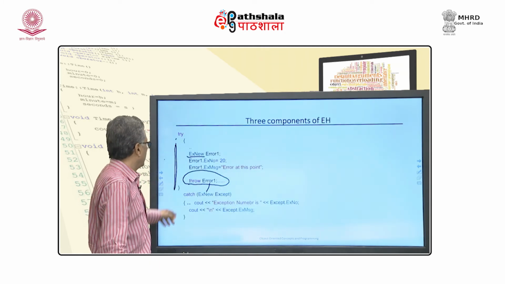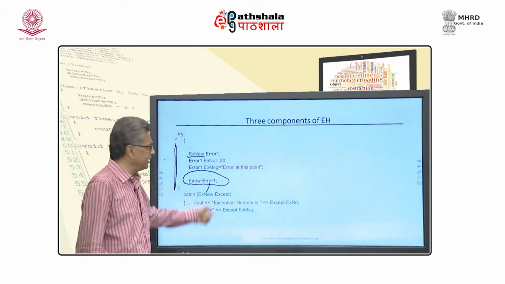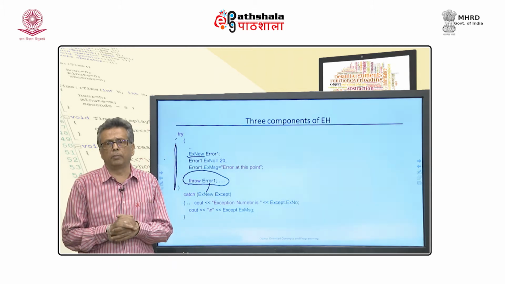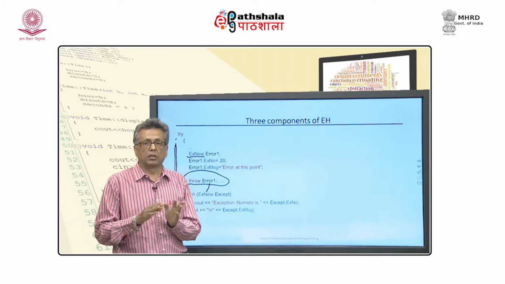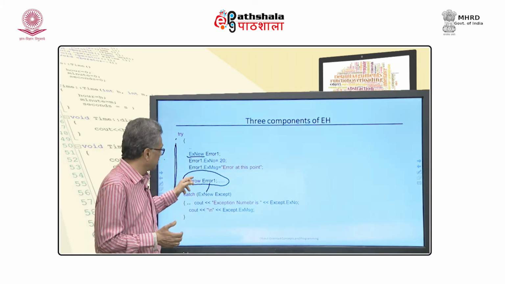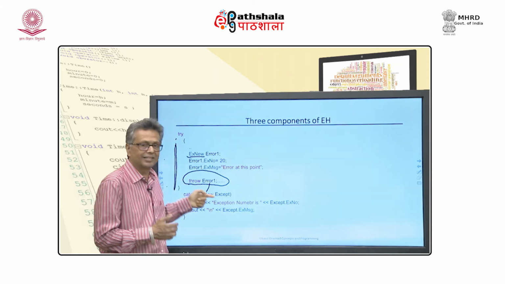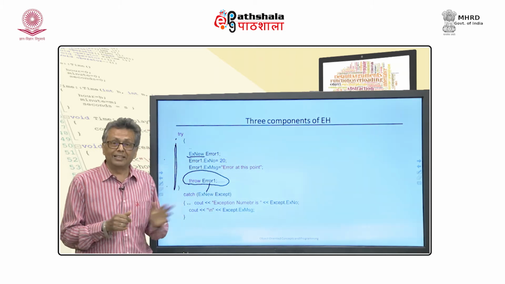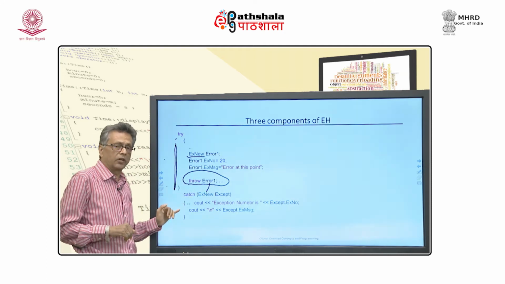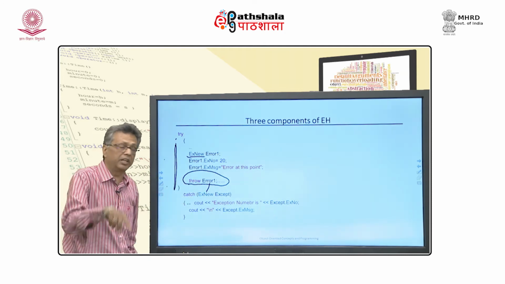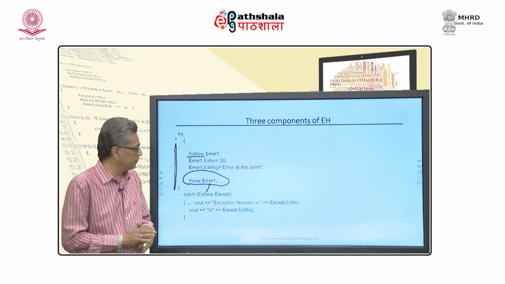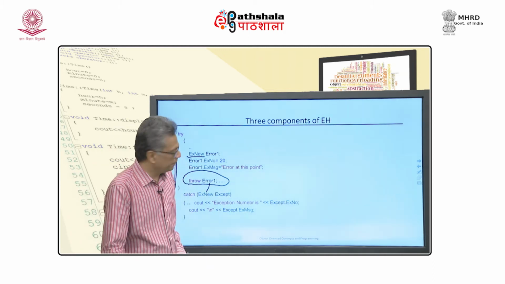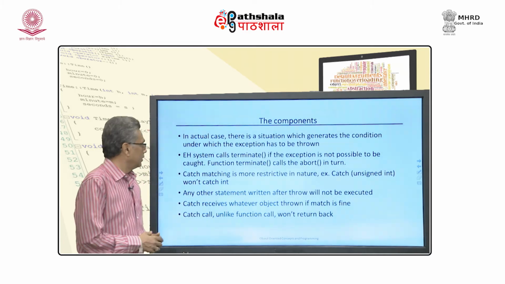And if you have written anything after the throw, once the exception is thrown, control is transferred permanently, and it will not come back, unlike function calls. If this is a function call, the function is executed and the next statement is executed after the function call is over. That is not the case here. This throw transfers the control permanently, whether it is caught properly or not. So, if you have written something after the throw, it will not be executed.